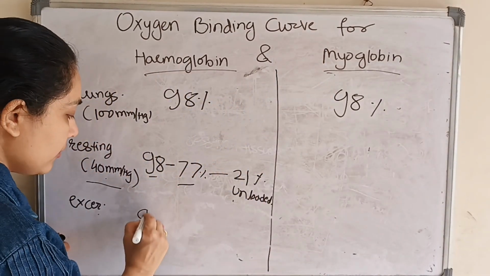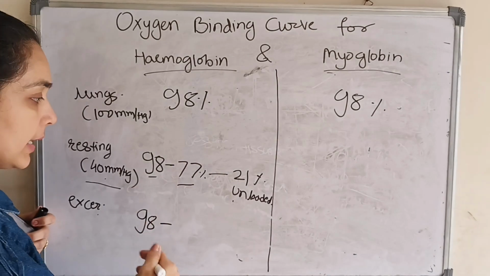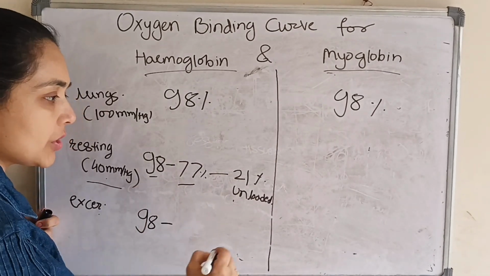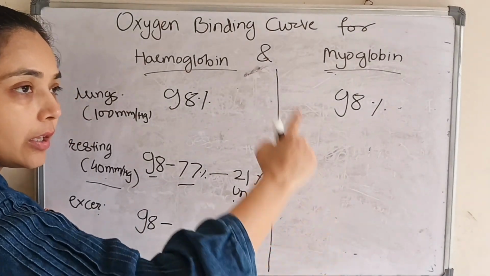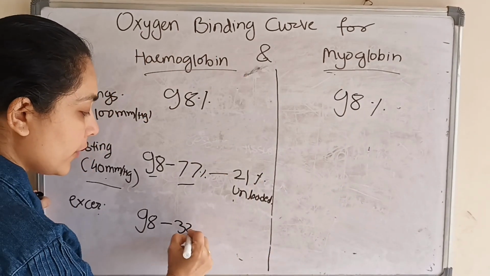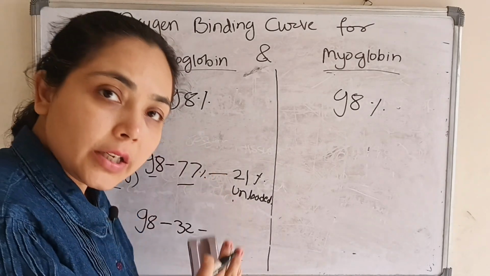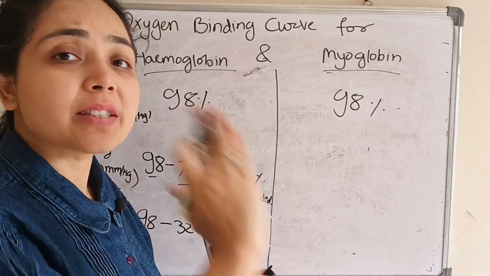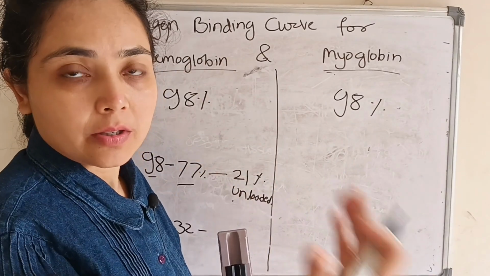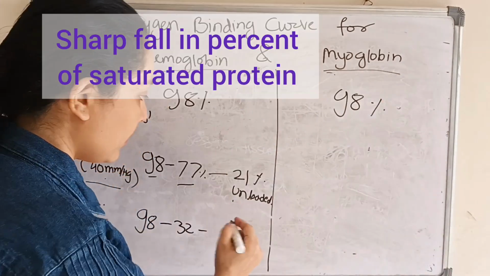So now the percent saturation will decrease further here. Earlier it was fully saturated, but in the exercising tissue we will get only 32% saturated. 32% saturated means 66% unloaded. 66% of the protein has unloaded the oxygen and supplied it to the tissues.